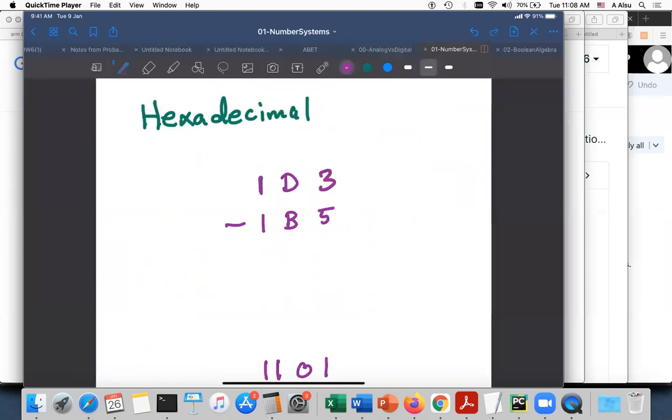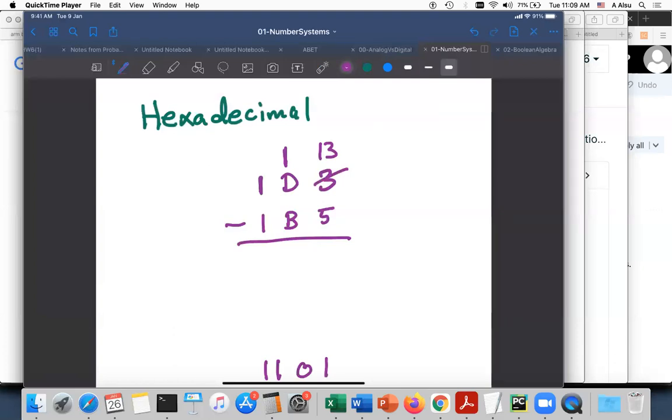So 3 minus 5, does it work? You have to borrow from the next stage. So if you borrow 1 from here, what happens to the 3? It becomes plus 16. Yeah, so 3 plus 16, excellent, which is 19 in decimal, right?